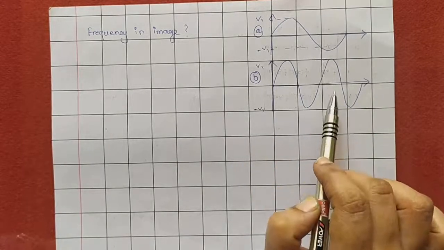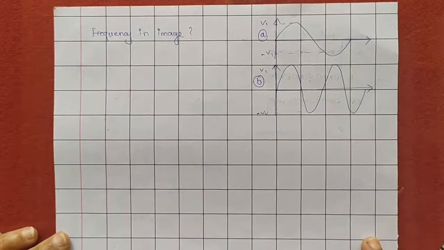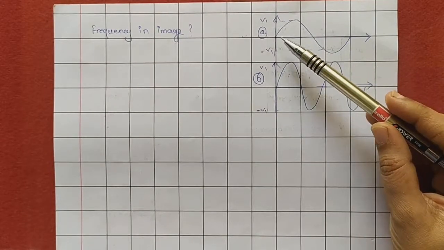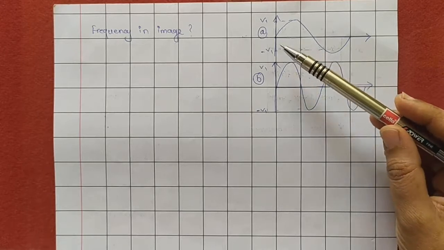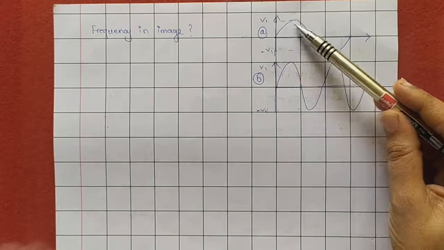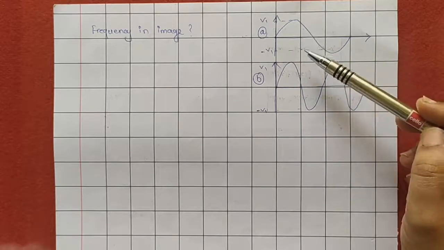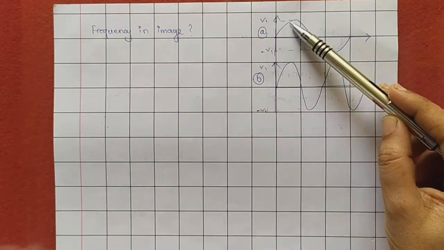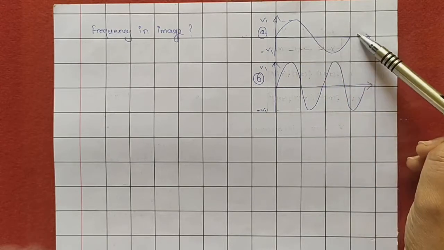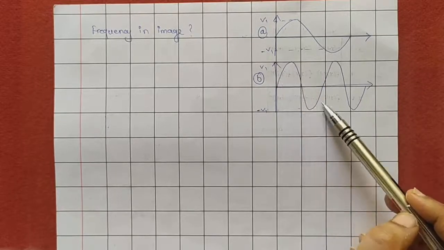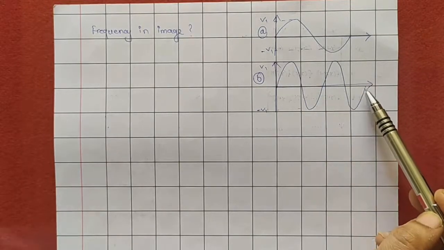If these signals are voltage signals, how can we define the frequency? It depends on how much the voltage changes, and based on that we decide the frequency of the signal. Here the voltage signal changes in this manner, but in the second case there is a more rapid change in the voltage.